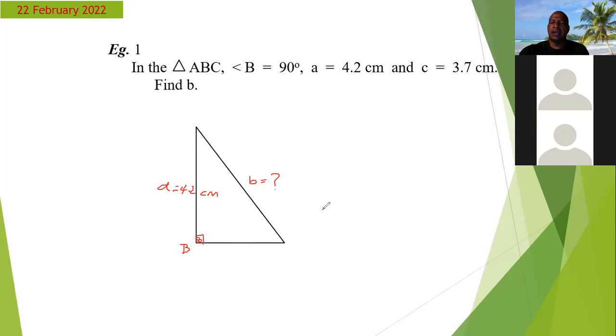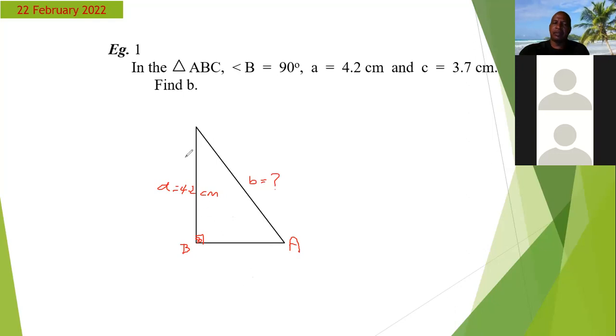So that's A. And if this is side A, then where will be the angle A? The angle opposite to that side. All right, so it means that the angle A would have to be at this end, because you want to ensure that this side is opposite to the angle A. All right, continue.